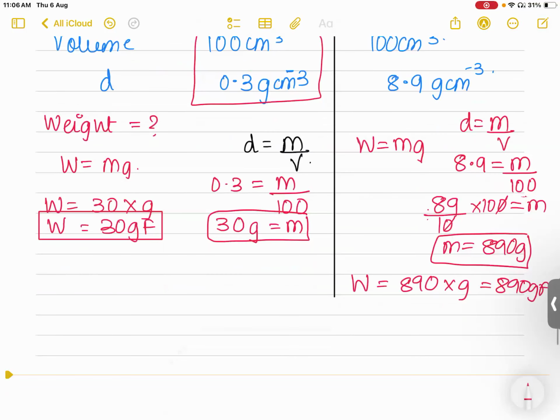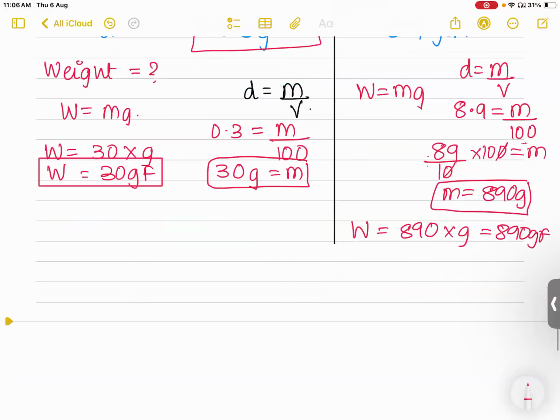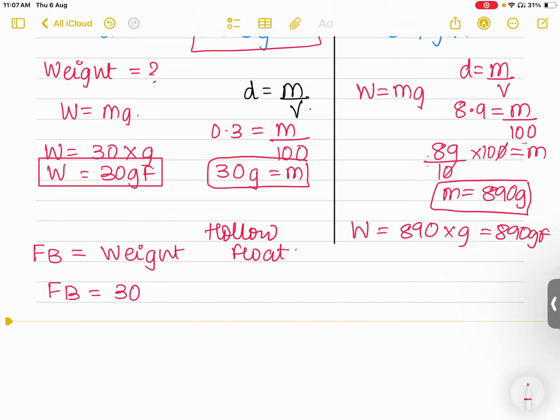That's my first part. The second part, students, which we need to find out after calculating weight is the upthrust on both of them. So in the first case, upthrust will be equal to weight. The reason is because this is hollow. The hollow one will float. As it is going to float, its FB will be equal to its weight, which is 30 gf.